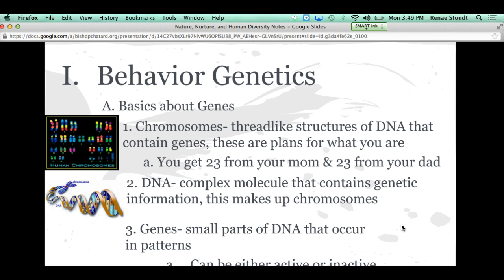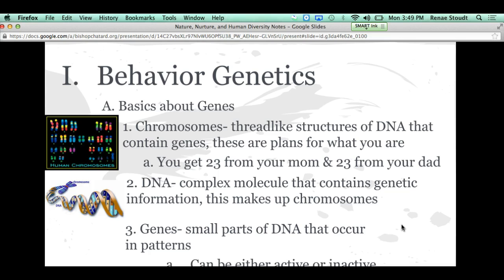Now, please remember that there's a difference, and somebody pointed this out, and I wanted to make sure you understand this, between an inactive gene and a recessive gene. Inactive, it's there, it just needs to be triggered. Recessive gene, it's there and you can pass it on to your children, but it is not something that can be triggered.